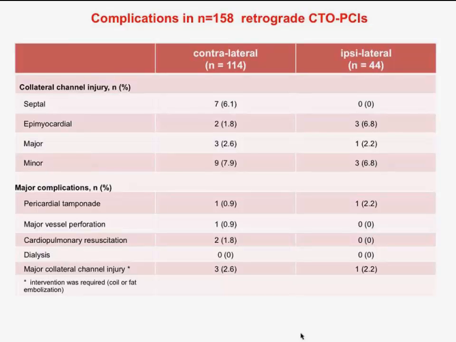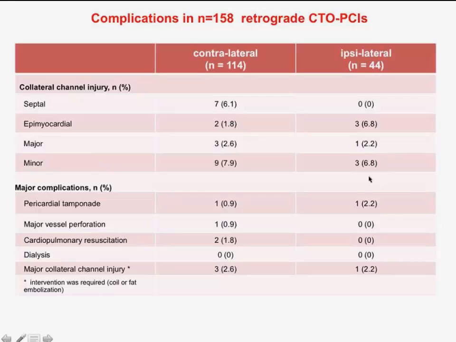Regarding the whole complication with these ipsilateral or contralateral cases, when we go over epicardial collaterals, what I can tell you is that in these 44 ipsilateral cases which I analyzed, we had collateral injuries, yes, for sure. In about 7%, we have a collateral injury of an epicardial collateral connection. Major, which means that I had to treat them, is 2.2%, it's not 0.